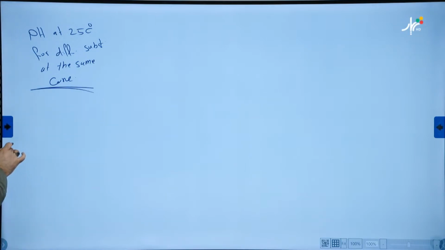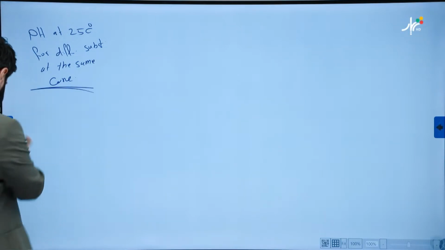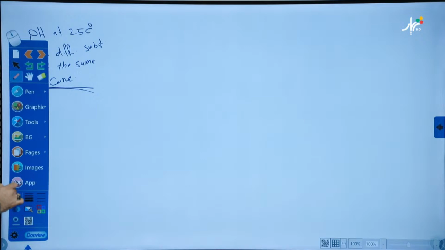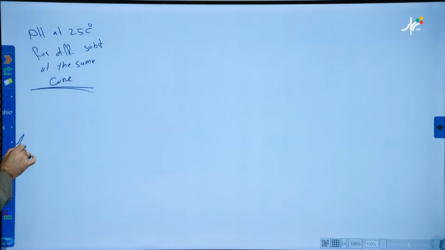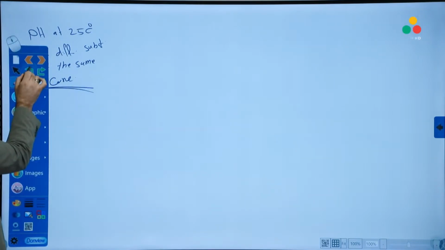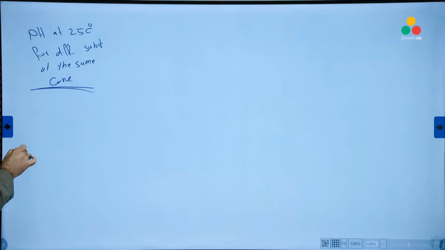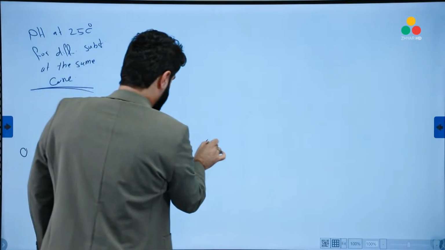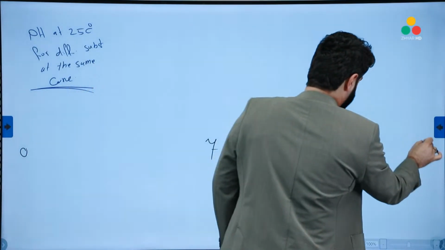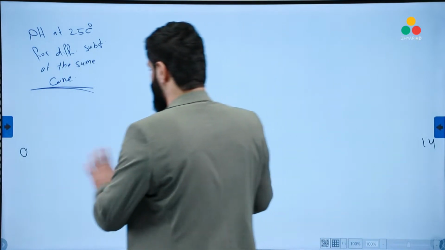The scale is ranged between 0, 7, and 14.